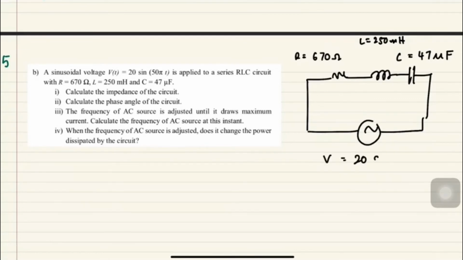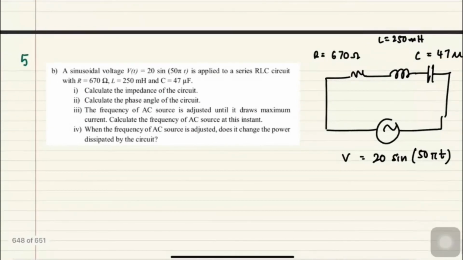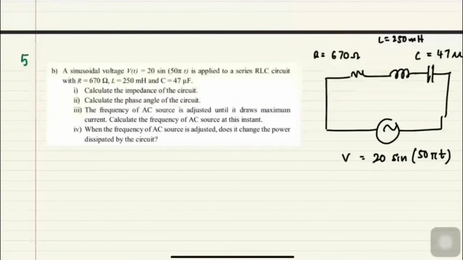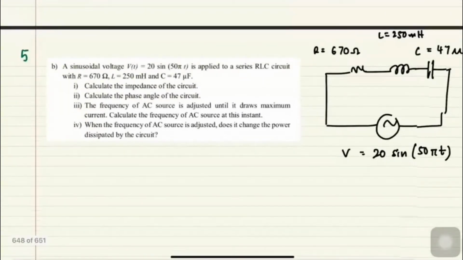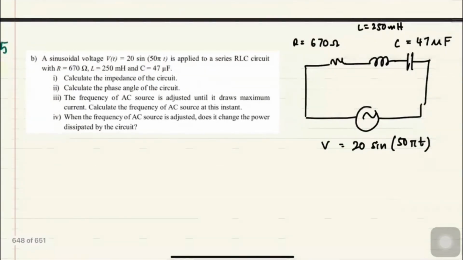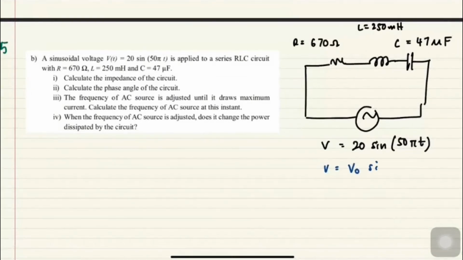Ini VRMS ni. So dia kata V ni yang di-apply dekat circuit tu. Okay, the first question they want to calculate impedance of this. Okay, ini straightforward lah. They give you RLC, tapi kamu nak kira tu kamu kena kira XL dengan XC dulu. To calculate XL dengan XC, you might have to use frequency. Kena carilah frequency. So V here equals to V0 sin omega t.